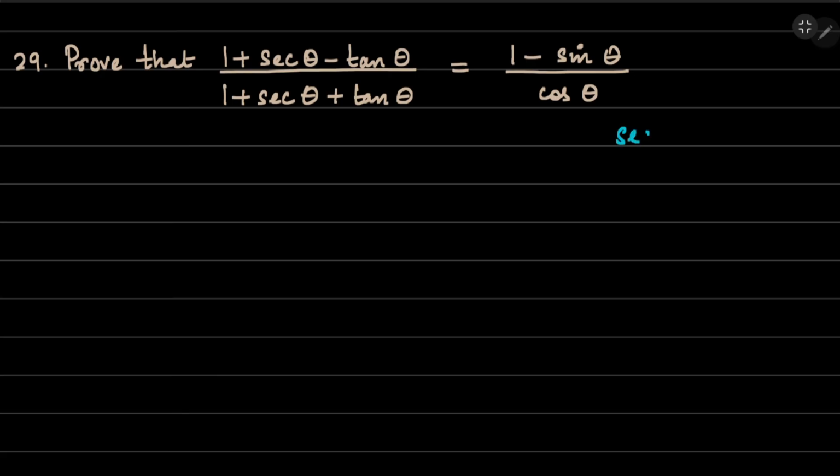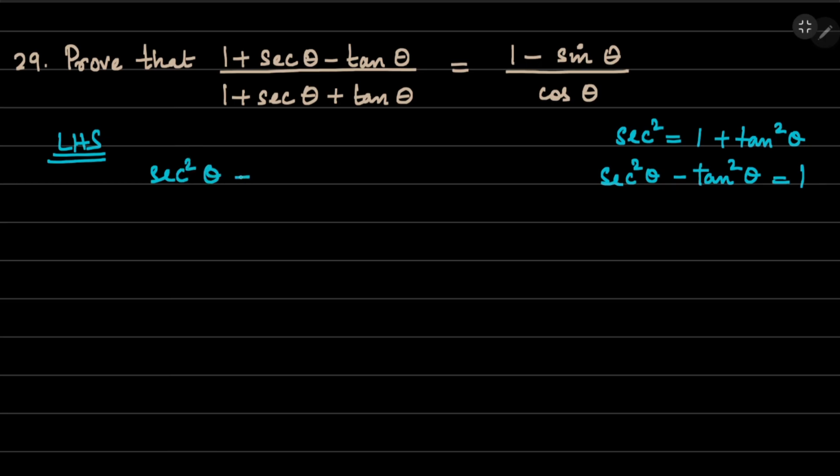You know secant square is equal to 1 plus tan square, theta. So what is secant square theta minus tan square theta? It is equal to 1, right? So let's take our LHS and replace 1 with secant square theta minus tan square theta.